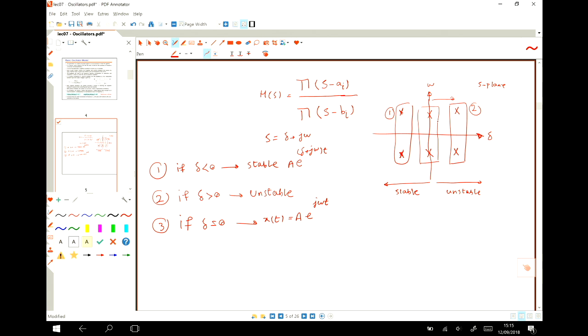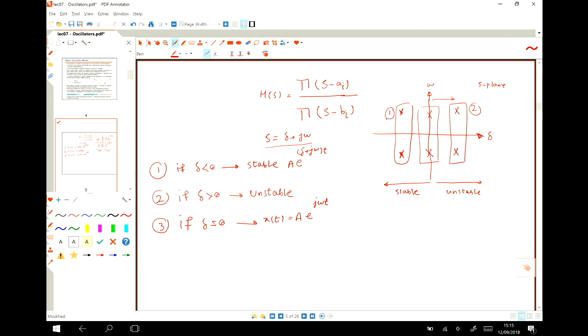Okay, a linear system. So we define the unstable region in the right half of the S-plane and a stable region in the left half. So this is your S-plane, and s equals sigma plus j omega. And with the position of these poles in the S-plane, we can say that, okay, this system is stable or unstable or oscillating.